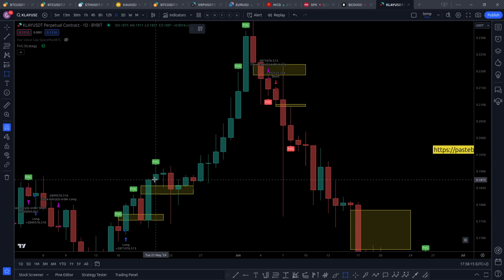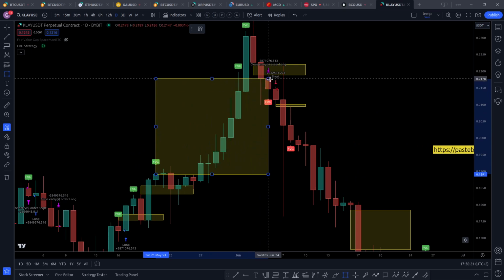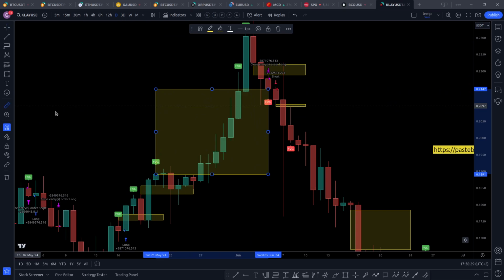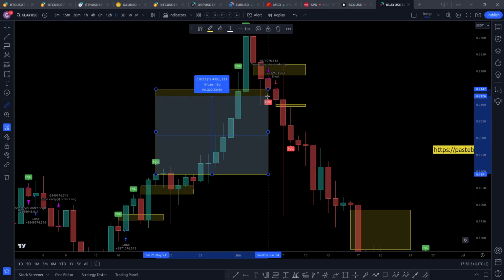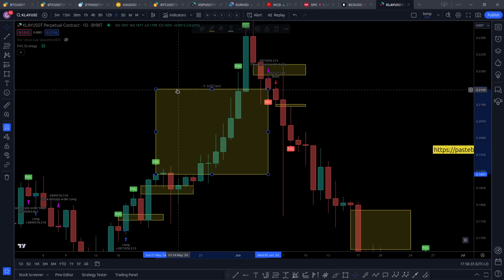So here the fair value gap gets formed on the close, and then let's see, we get the fair value gap when this one closes. Oh, this is the wrong tool. Great. Anyway, this is like a 13% move.